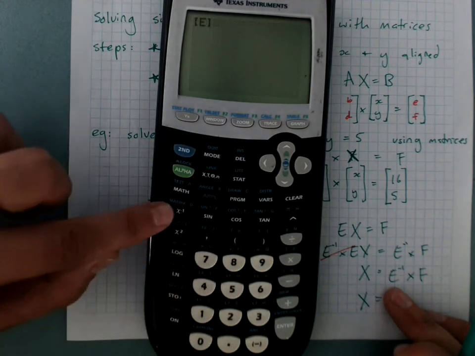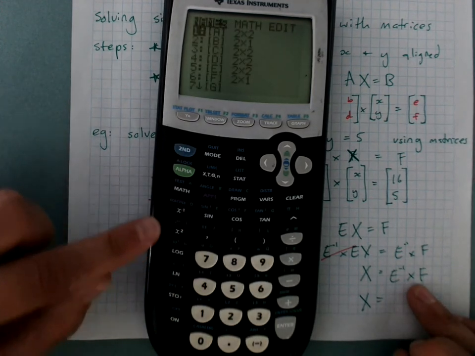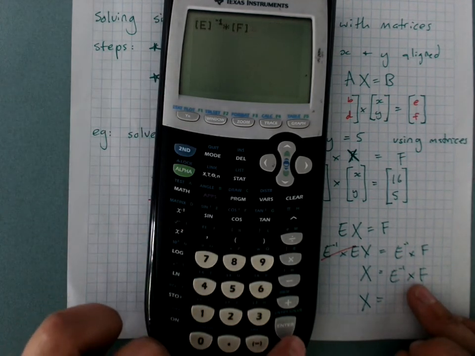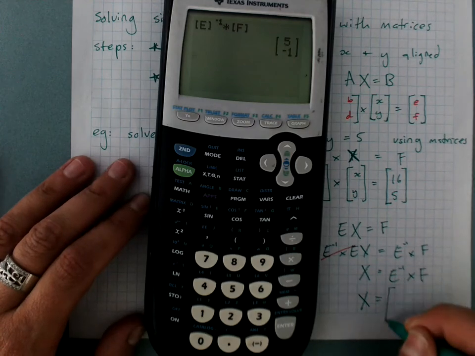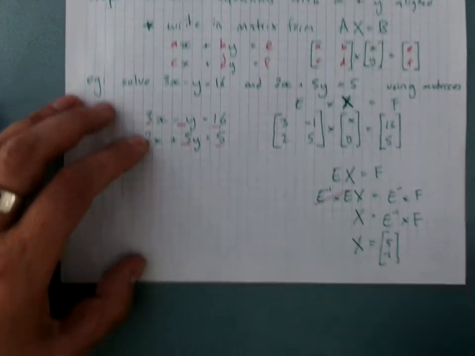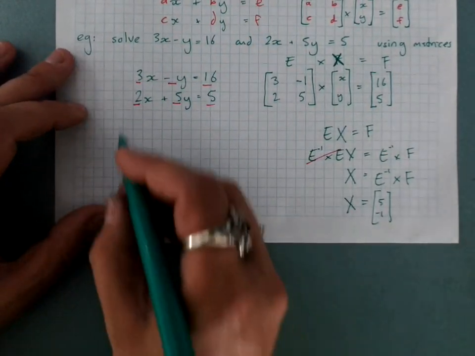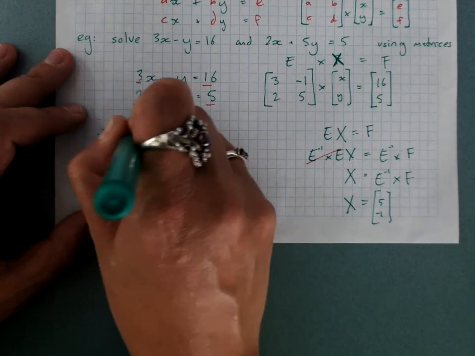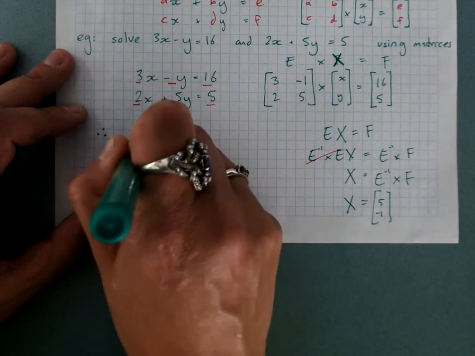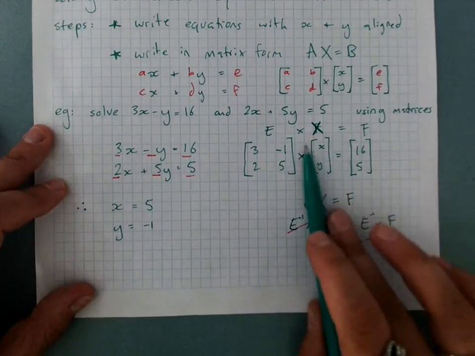Matrix E inverse times matrix F. I have 5, negative 1. And because this was a solution to these simultaneous equations, we say, therefore, x equals 5, y equals negative 1, because we were finding x and y.